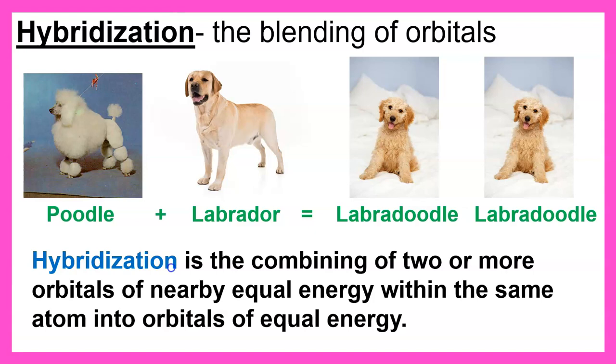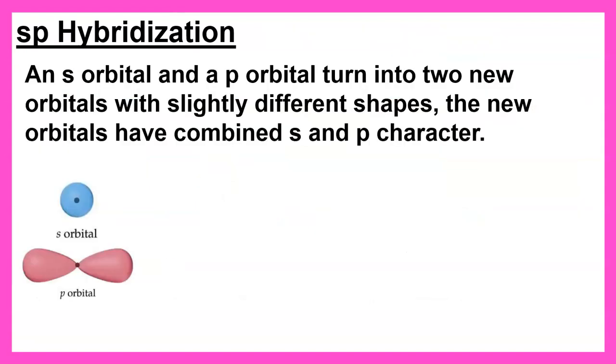The simplest type of hybridization is what's called sp hybridization. The letters that come in front here, sp, are telling you which orbitals have been merged. Now, we're not smushing them into one new superorbital. What we're doing is we're going to start with two orbitals.